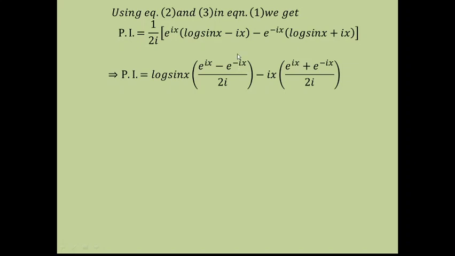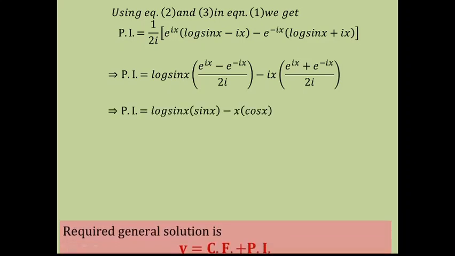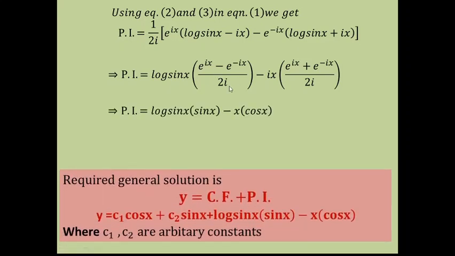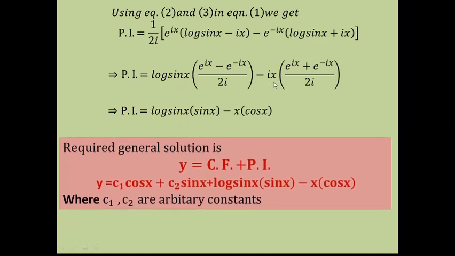Now look at the terms inside the bracket. These are nothing but the standard formulas of the sine and cosine functions, right? So this is nothing but sin x, the formula of sin x, whereas here the i will get cancelled, so we have this as cos x, right? Recall the formulas of sin x and cos x. Let me write it in terms of theta.